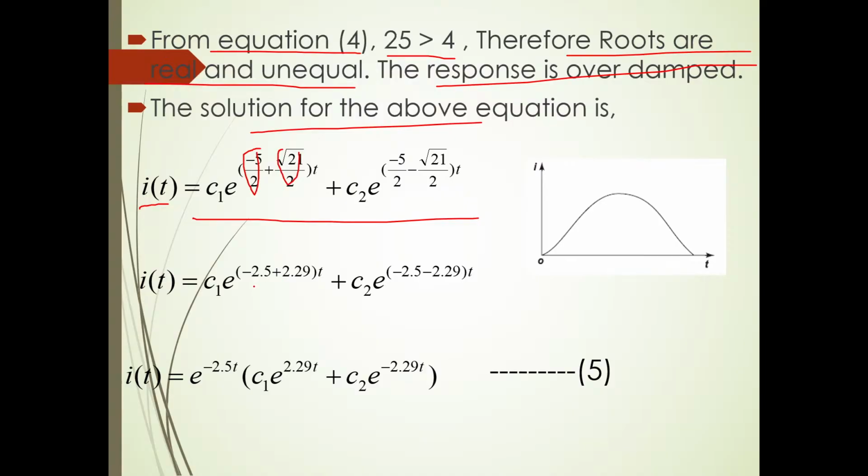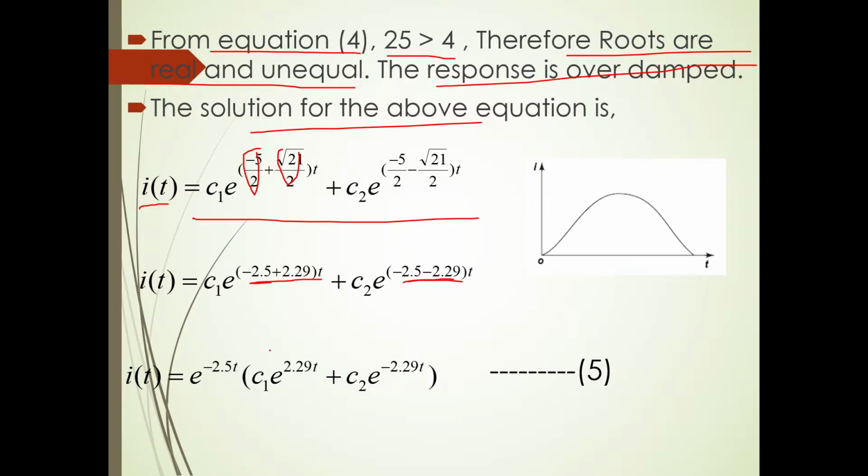You just solve it, you will get e to the power of minus 2.5 plus 2.29, and for the other expression, minus 2.5 minus 2.29. So just mathematical simplification here.